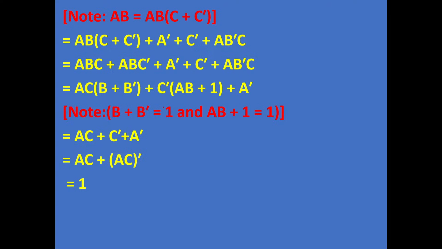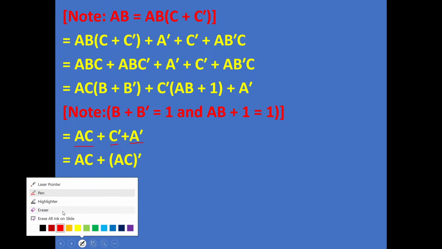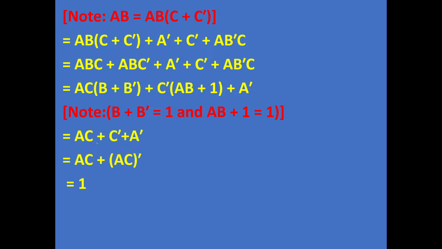Now once again if you observe, A bar is there, AC is there, and C bar is there. One of the rules I have implemented here; nothing is there to take common. But if you observe here, A bar plus C bar is equal to what?